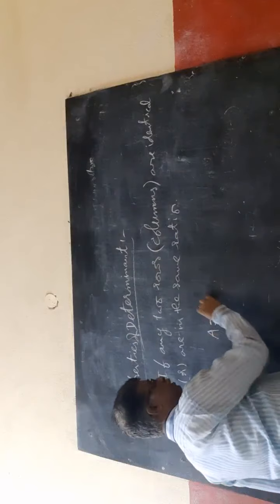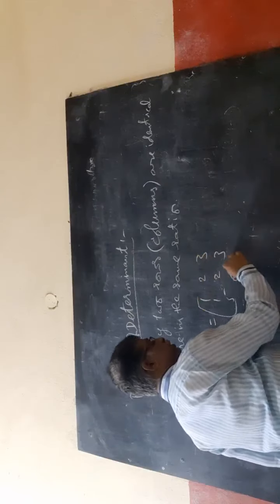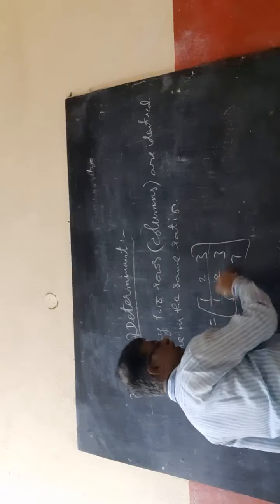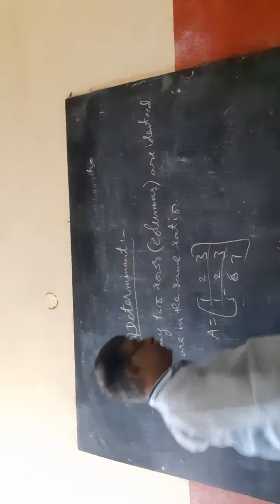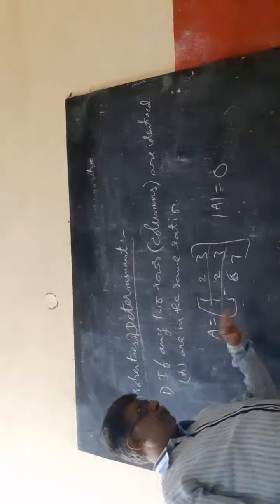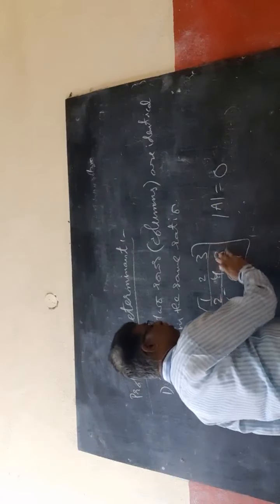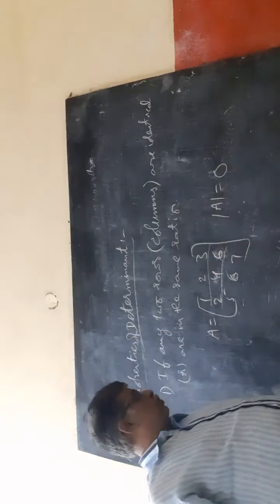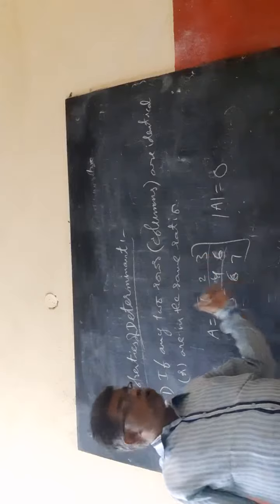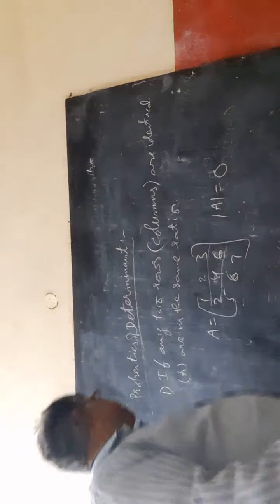Here columns are implied when I say rows. For example, A equals 1 2 3, 1 2 3, 5 6 7. No need to take cofactors at all. Two rows are identical, so the determinant is directly 0. Likewise, if one row is 2 4 6 against 1 2 3, they are in the same ratio, 1 by 2 each time, so the determinant is 0. This is the first property.